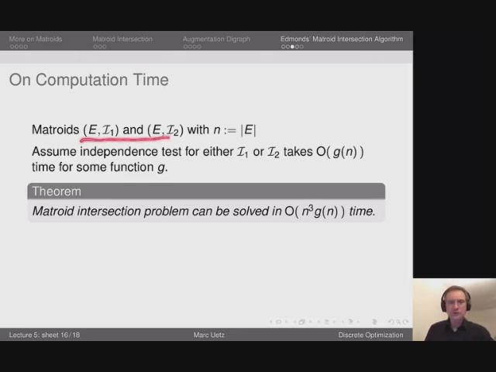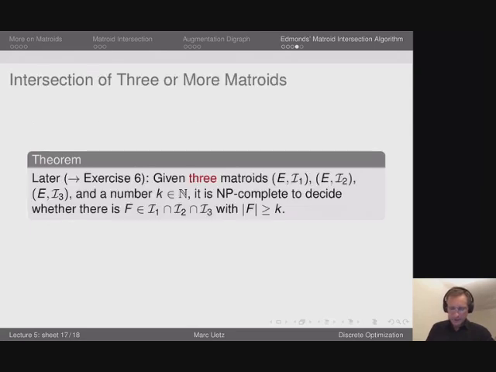Nice, so we can do it for 2 matroids, but the question is, can we do the same for 3 or more matroids? And it turns out that this is not the case. A little bit later, there's going to be an exercise, once we have introduced the concept of NP completeness, to show the following.